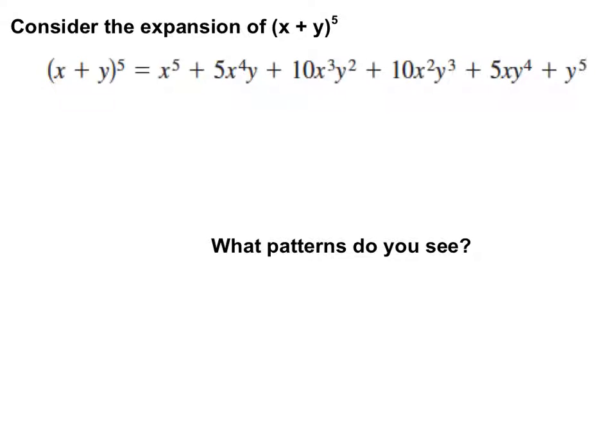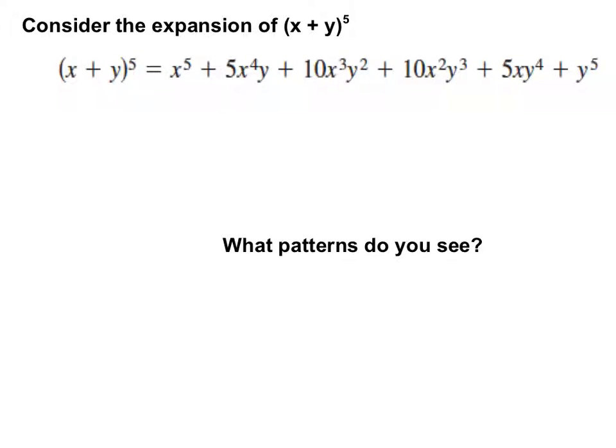So instead of doing x plus y times x plus y times x plus y times x plus y times x plus y, and doing a whole bunch of multiplication, there's actually a pattern to it. Okay? There's a pattern to it.